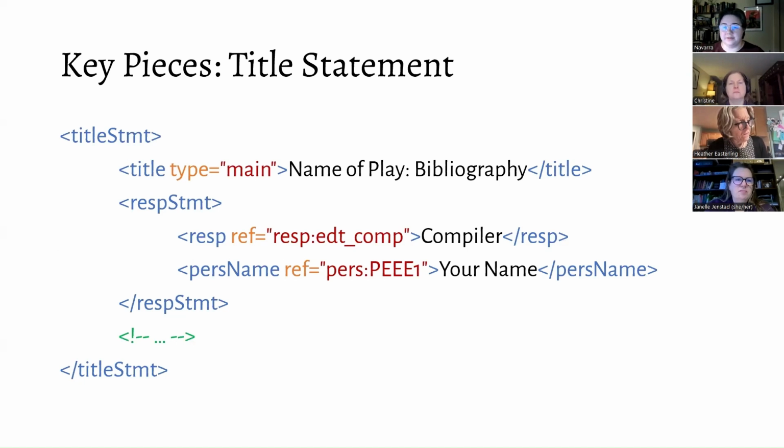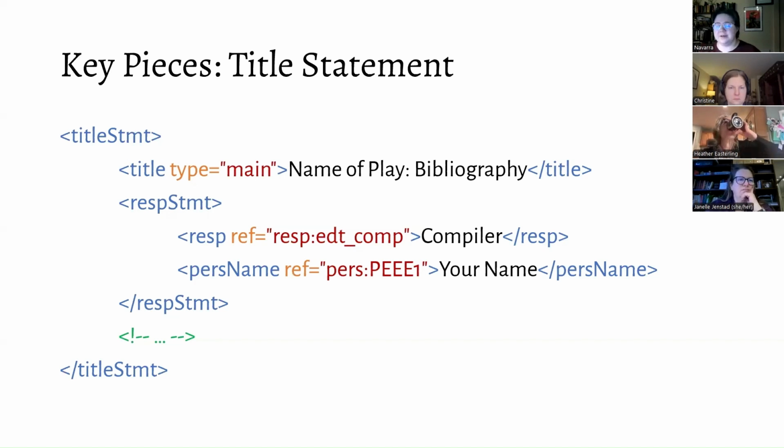The first one is the title statement. This is right at the top of your file, and it's a title statement element. It's going to have a title element inside, type equals main. That's the name of your play, bibliography. Fairly straightforward. And then you're going to have at least one RESP statement.